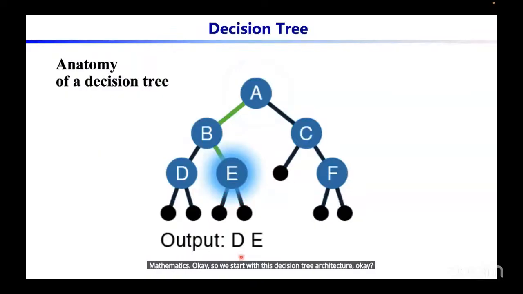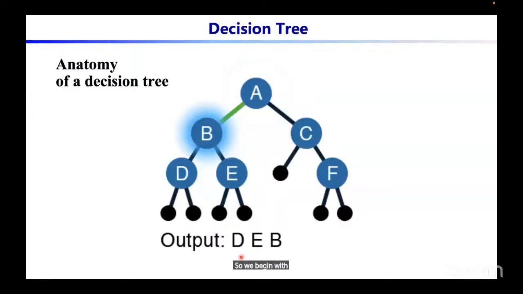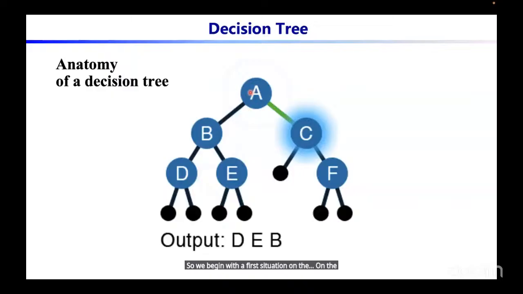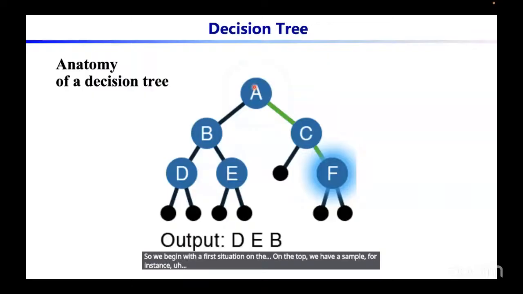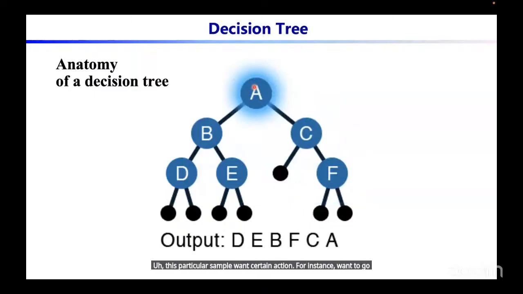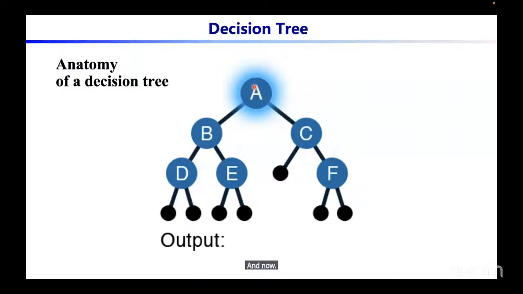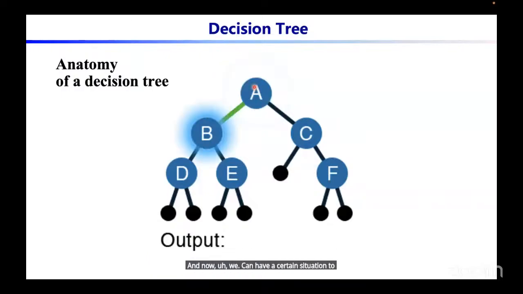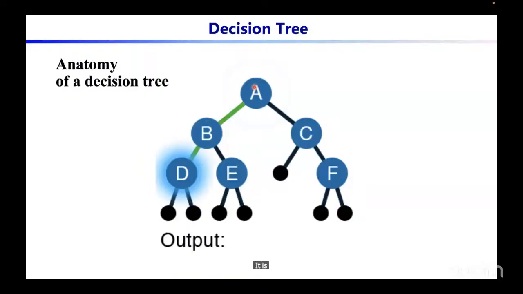Okay, so we begin with a first situation on the top. We have a sample. We want to decide whether this particular sample wants certain action, for instance, want to go outside. And then we can have certain situations to determine whether it is worth going outside or not, for instance, if it is a rainy or sunny day and so on and so forth.